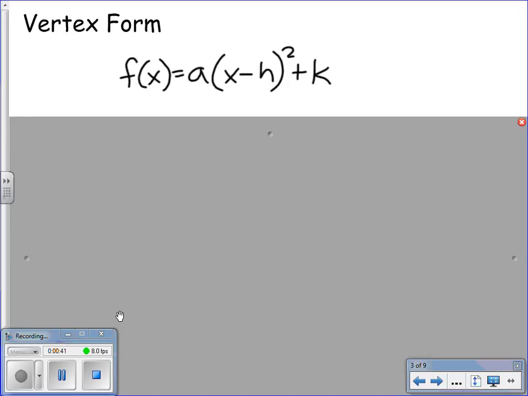If you haven't done this yesterday, or you don't know it today, you can add that a is responsible for stretches, shrinks, and reflections. h is responsible for moving your graph left and right. And k is responsible for moving your graph up and down.